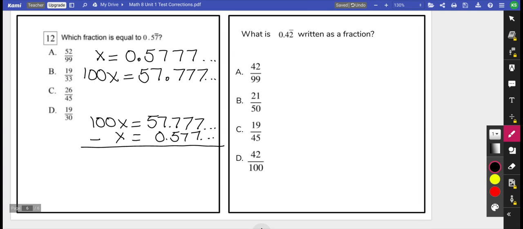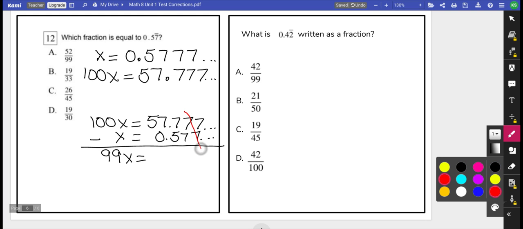So I know 100x minus 1x is 99x. And now I'm going to subtract. So I know that these are going to cancel because I wanted to get rid of that repeating part. But I still have to subtract the other information.